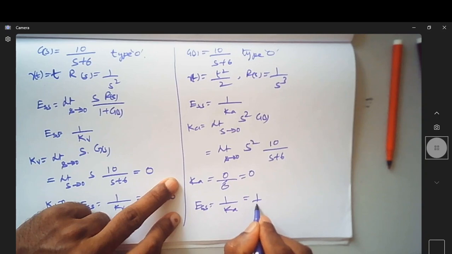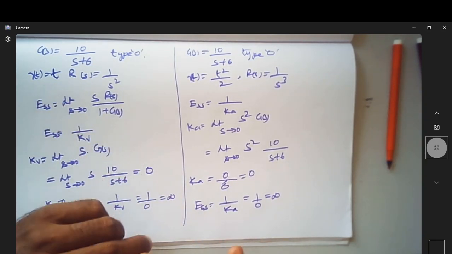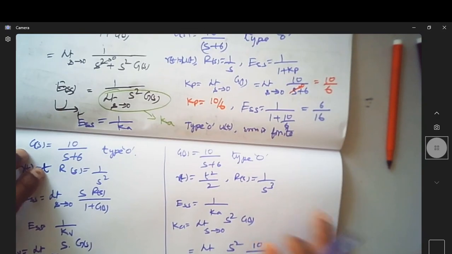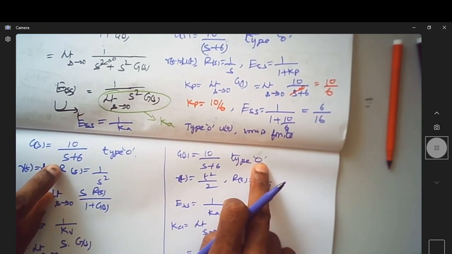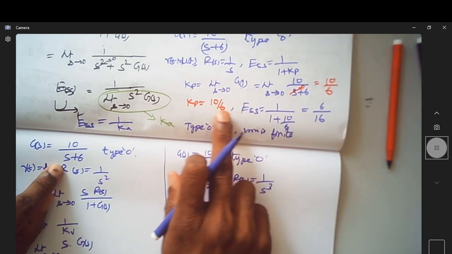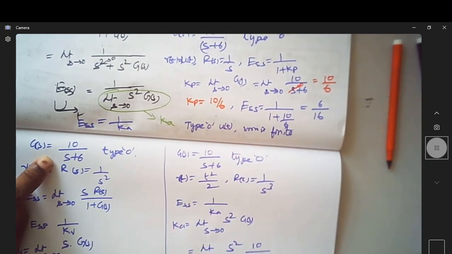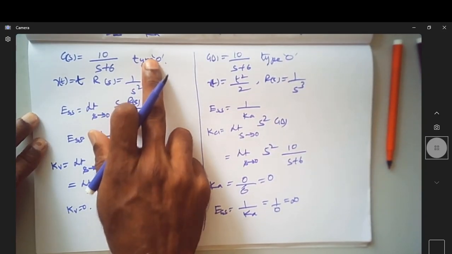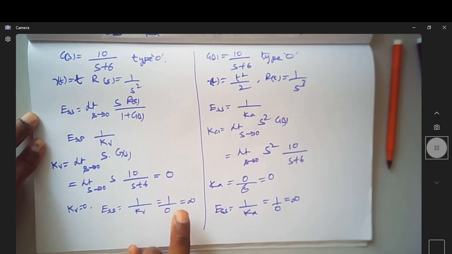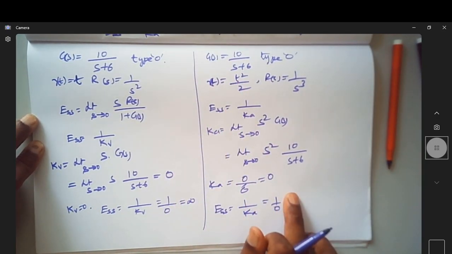So this is 1 over 0. This is now infinity. So the summary is, for a type 0 system, if you have a step input, you will have a finite error. For the same type 0 system, if you give a ramp, error is infinite. If you give a parabolic, error is infinite.